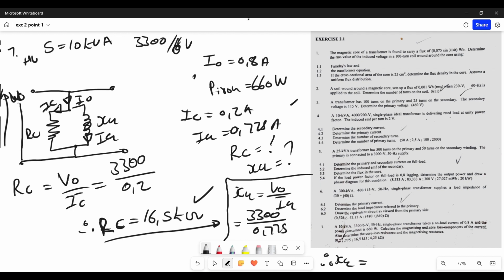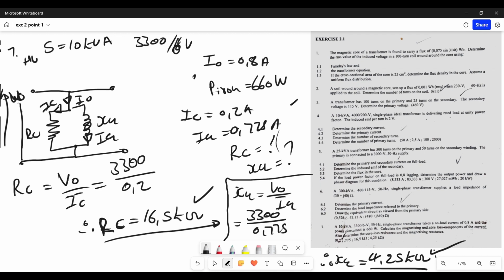Therefore, XU is equal to 4.25 kilo ohm.